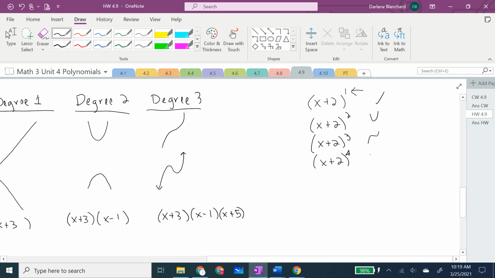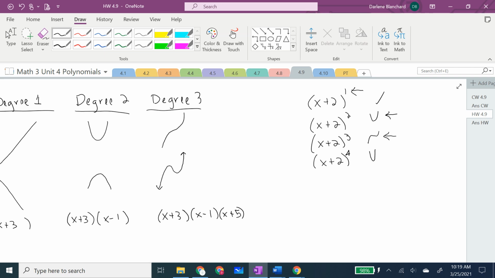And then 4 is just going to be another bounce, but it's a much steeper bounce, but you don't have to worry about that. And you can see that you get a turning point when you have two linear factors. With three linear factors, you get a wiggly thing. And perhaps that will help you to see why it is that we're adding one.